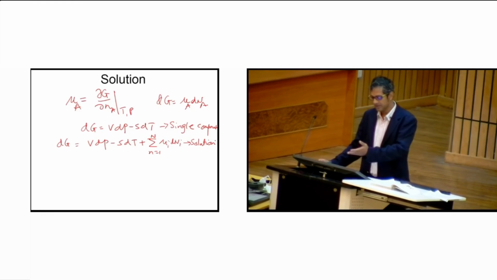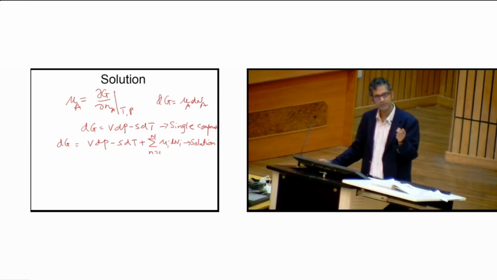For a single component, dn_i is 0. There is only one component. There is no solution, pure water, so there is nothing in it other than water. The mole fraction of water is 1, so this dn_i term goes to 0 and we can ignore it.